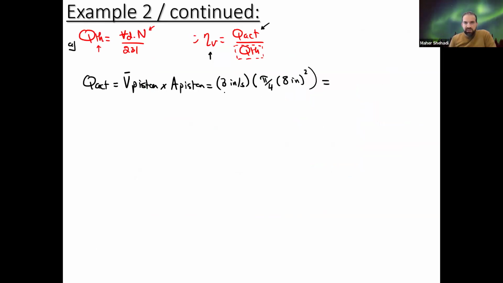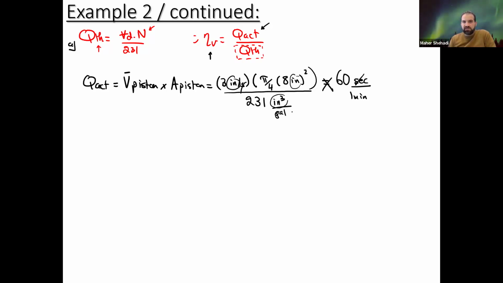I'm going to divide it by 231. That would be in gallons per second. And then multiply it by 60. This would be cubic inch per gallon, and this would be 60 seconds in 1 minute. So second with second, that's per second, and then inch and inch square will cancel, and we're going to have gallons per minute. This would be 39.2 GPM.